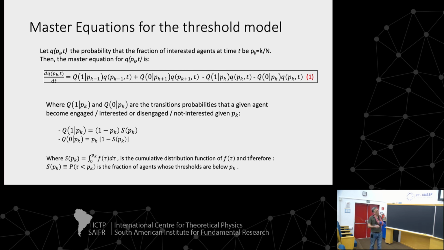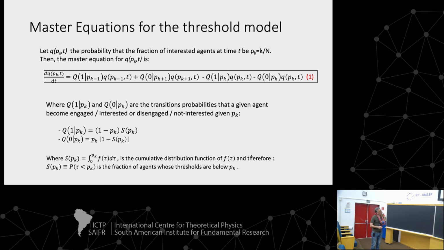So we can go from k minus 1 or from k plus 1 to state k, or we can go from state k to k minus 1 or k plus 1.